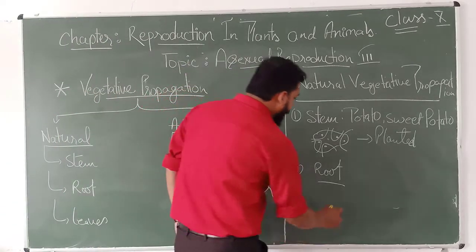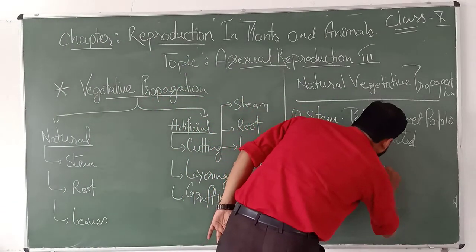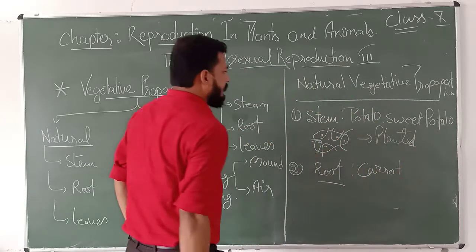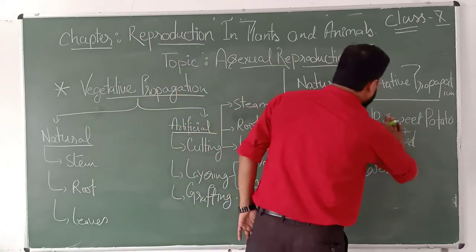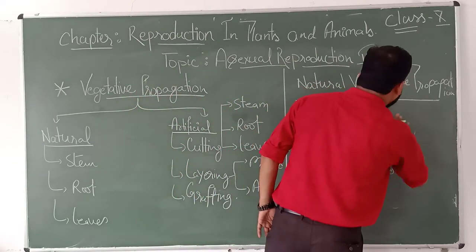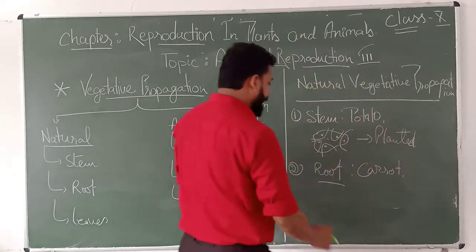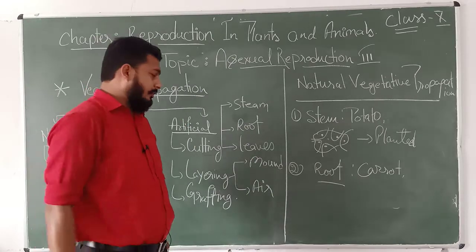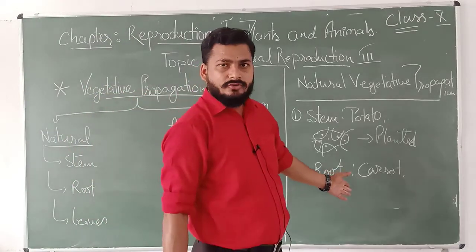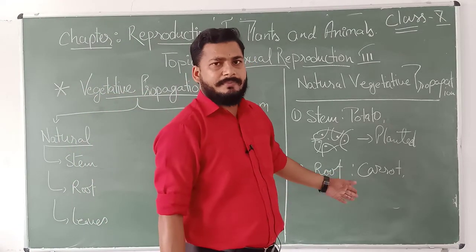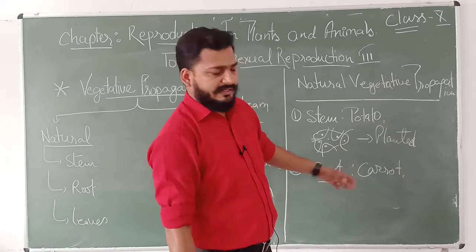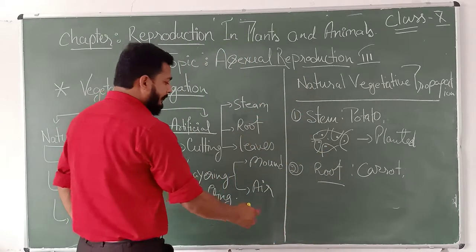An example can be carrot. Okay, sorry. Sweet potato will not be an example of stem. Sweet potato is a root. You can take sweet potato as the example over here. Okay. Talking about root, carrot is a root. We can plant a part of carrot and get the propagation.